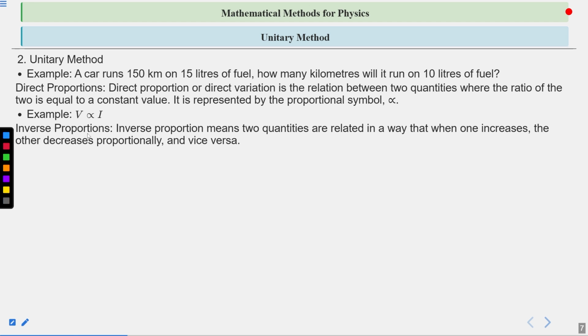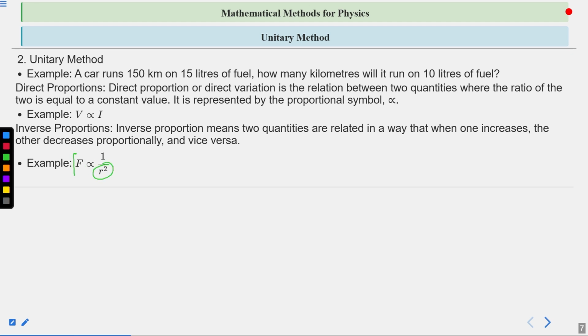Another is inverse proportion. Inverse proportion means two quantities are related in a way that when one increases, the other decreases proportionally, and vice versa. This concept is also important. Example, f is inversely proportional to r square.